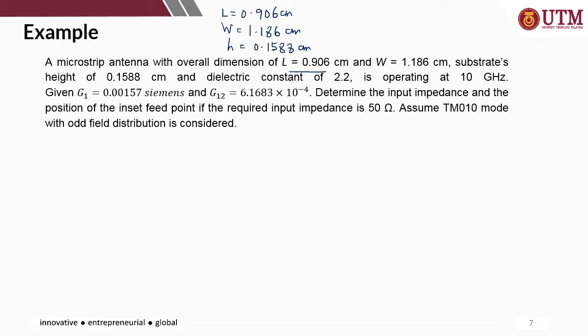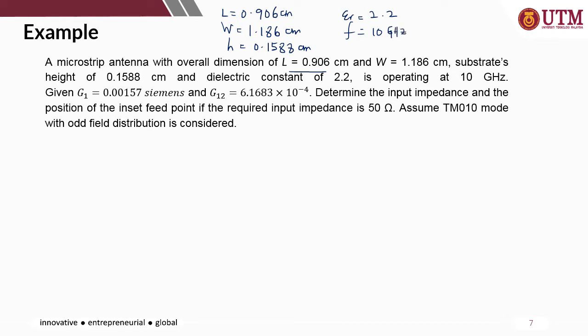So I prefer to list out all the information that you can pull out from the given statement or question, so it will be easy for you to refer to during the calculation. And the dielectric constant of the substrate is 2.2, operating at 10 gigahertz.